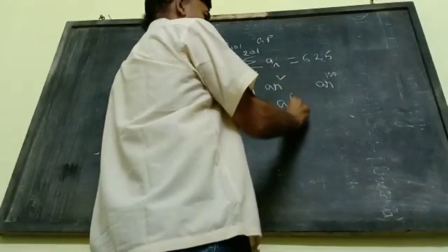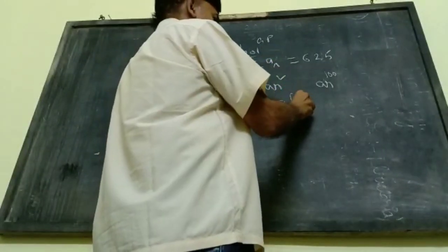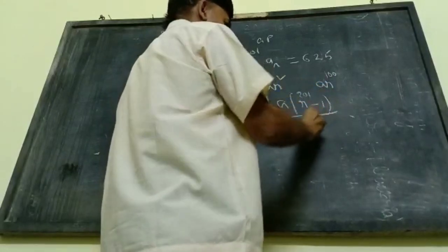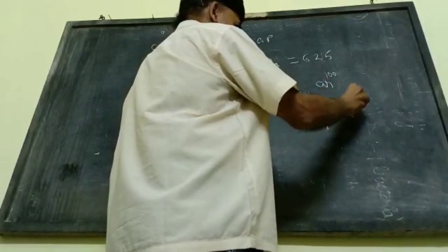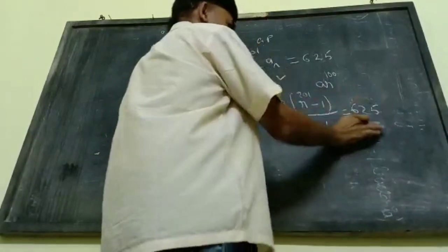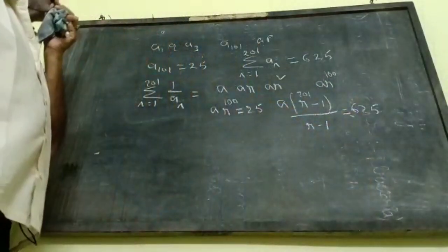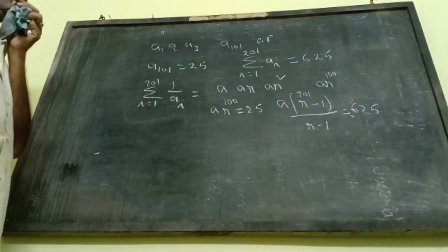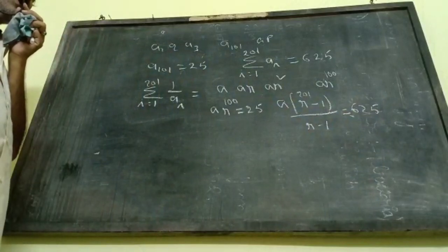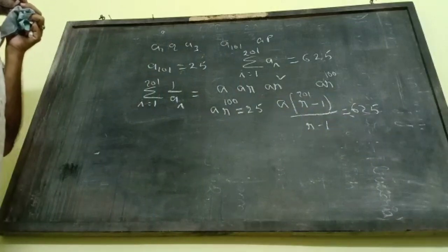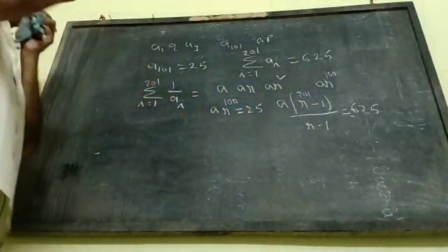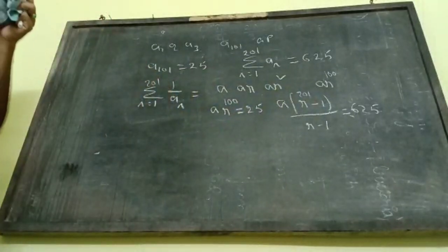A into R to the power of 201 minus 1 by R minus 1 is equal to 625. So those two things are given for you, and you are supposed to calculate like this.